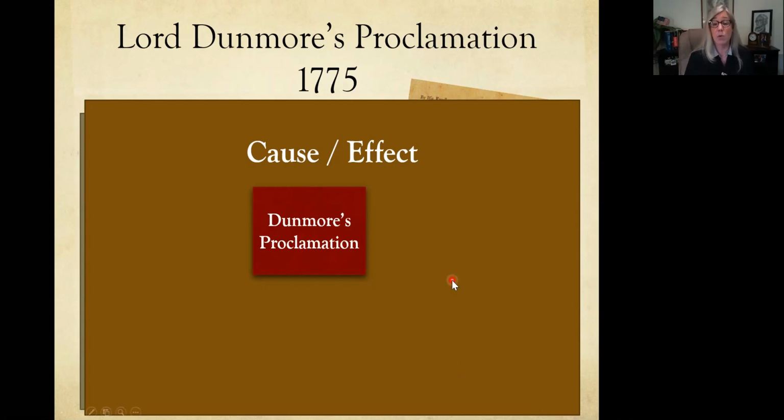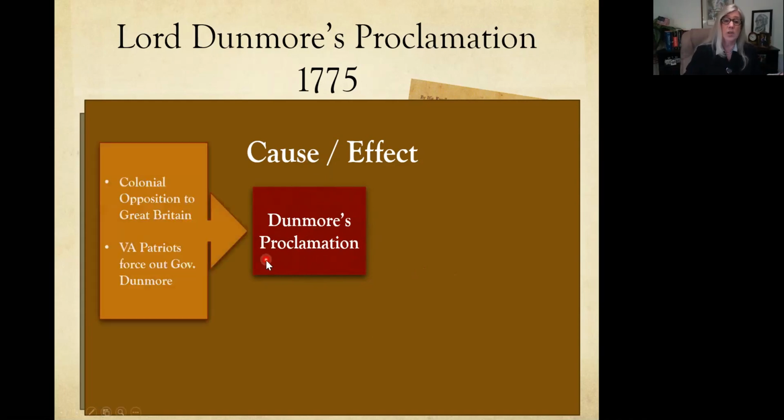So another type of question that College Board's going to give you, we've talked about comparison. Another one is cause and effect. So if we've got an event or a document or a policy such as Lord Dunmore's Proclamation, we want to think about what caused this to happen, in this case, what caused Lord Dunmore to issue this policy granting freedom to enslaved persons and indentured servants willing to fight for the British.